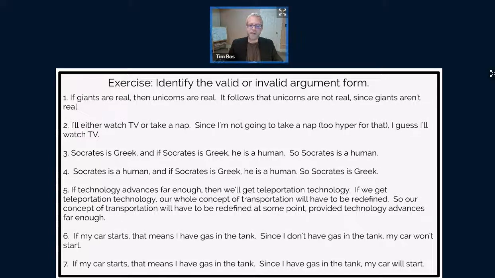Remember, the conditional is if giants are real, then unicorns are real. Is it denying any part of that? It says giants aren't real. The conditional has two statements in it. Giants are real, unicorns are real. It's denying something, right? Is it denying the antecedent or the consequence?